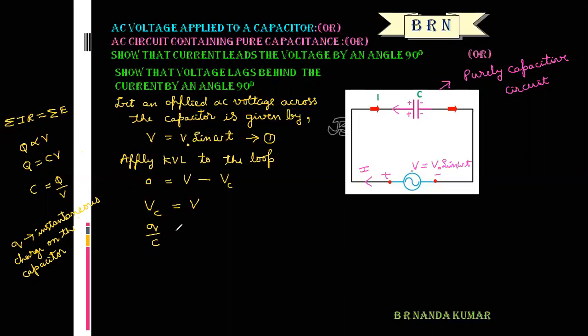So q by C is equal to V, which is V naught sine omega t. So q is equal to V naught C into sine omega t, the instantaneous charge on the capacitor. Call this equation number 2.